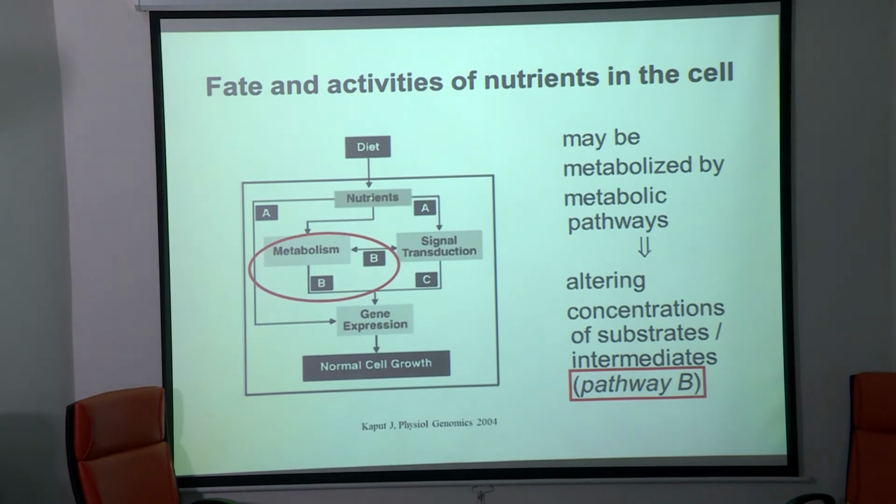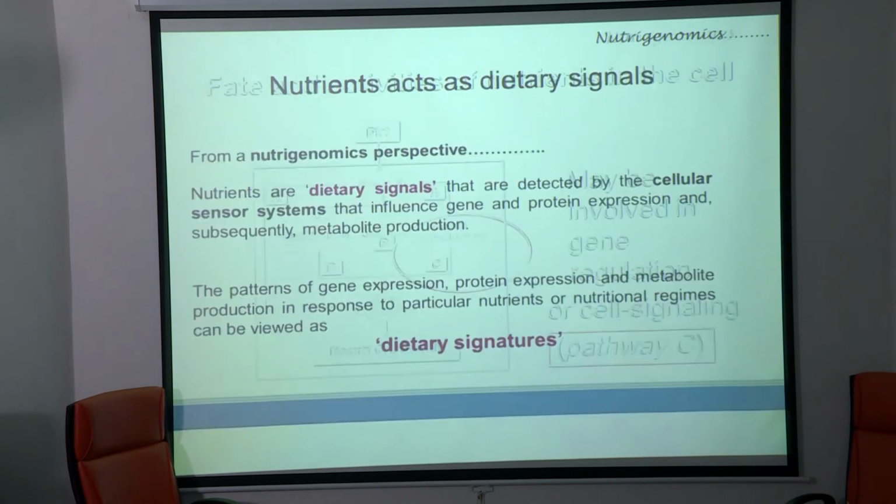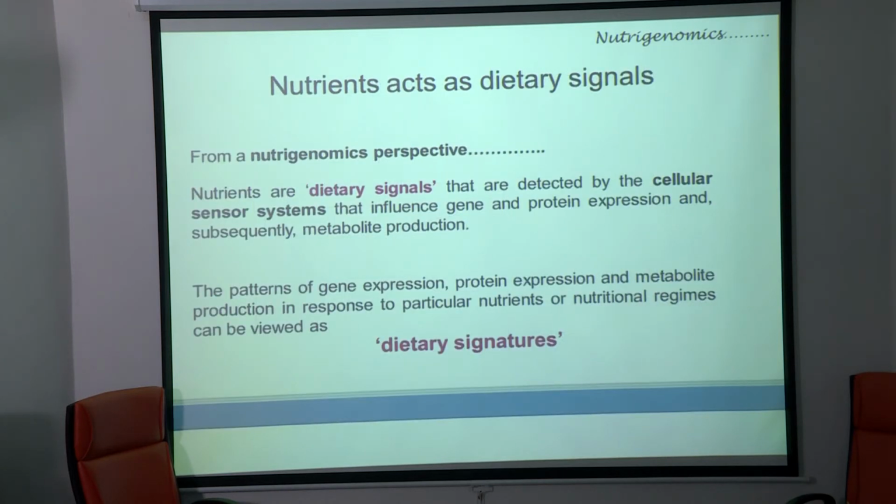So, diet and nutrients, through metabolism, impact the gene expression and the normal cell growth. Or it may be involved through signal transduction, having an impact on gene expression and the cell homeostasis. So, there are different ways in which the nutrients can impact the cell growth.